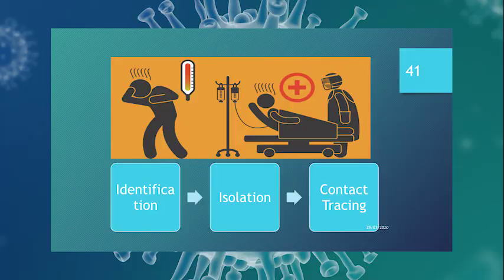First of all, you need to be able to identify those who may have infection because of COVID-19. Once you've identified those persons, then, as you would have heard, that person has to be isolated from other persons who are well. And of course, we need to find out who are the persons that this particular individual might have come in contact with, and that's what we call contact tracing.